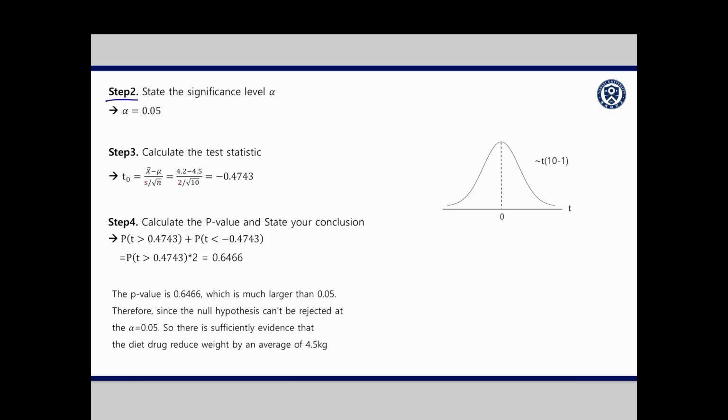In step 2, we set the significance level alpha equal to 0.05. And step 3 is the calculation of the test statistic.